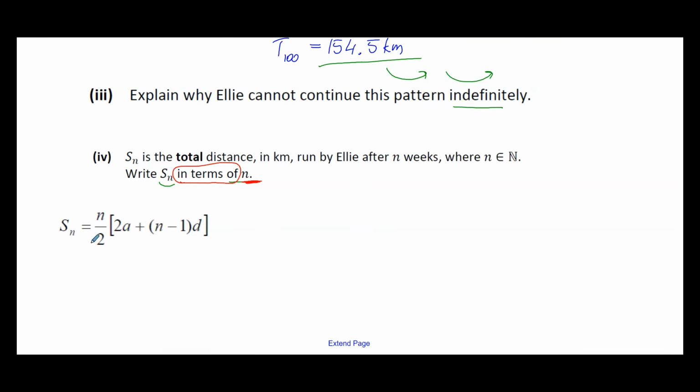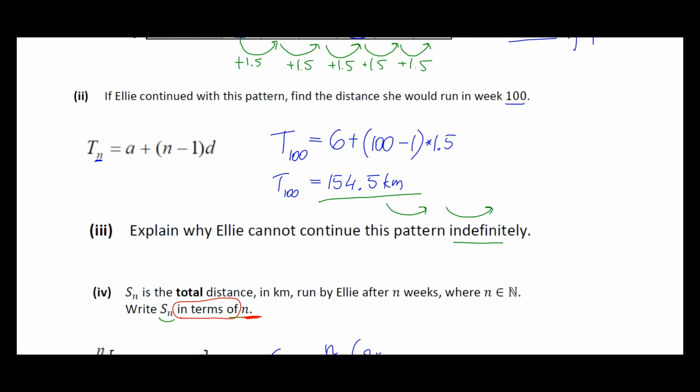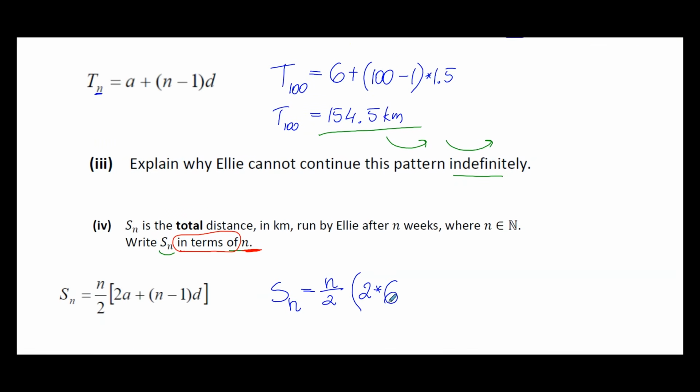Okay, so let's see. Sn equals, n remains n, that's what they want in the answer. So n over 2, bracket, 2 multiplied by a, the first term. What was the first term? How much she ran? 6. So that's multiplied by 6 plus n again minus 1. And d is that common difference, meaning how much are we adding every time? That was 1.5.